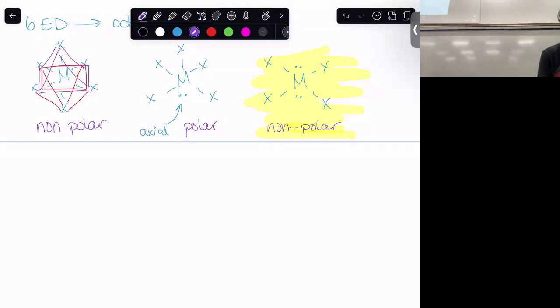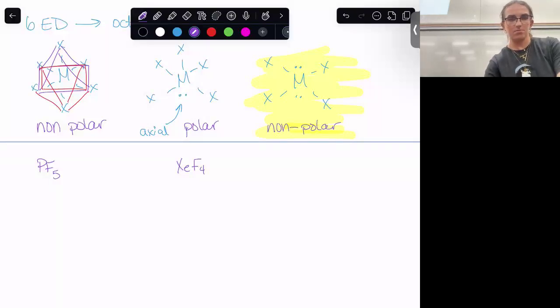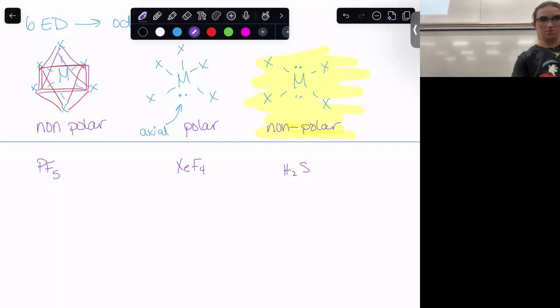Let's try those 3. I'll tell you that phosphorus has 5 electrons, fluorine has 7.